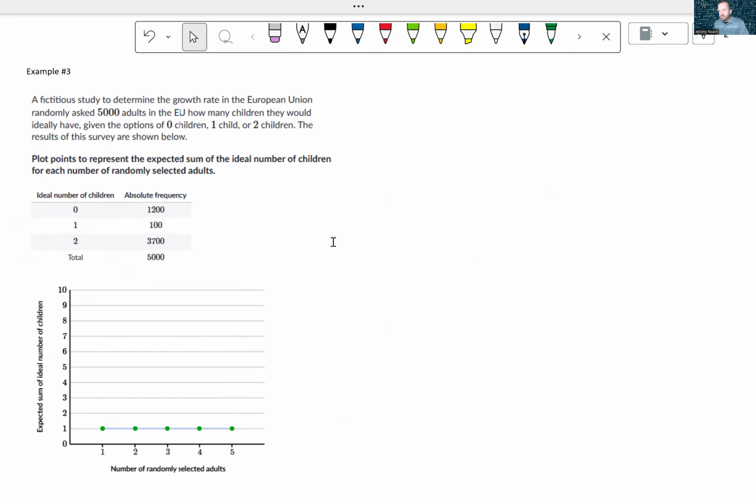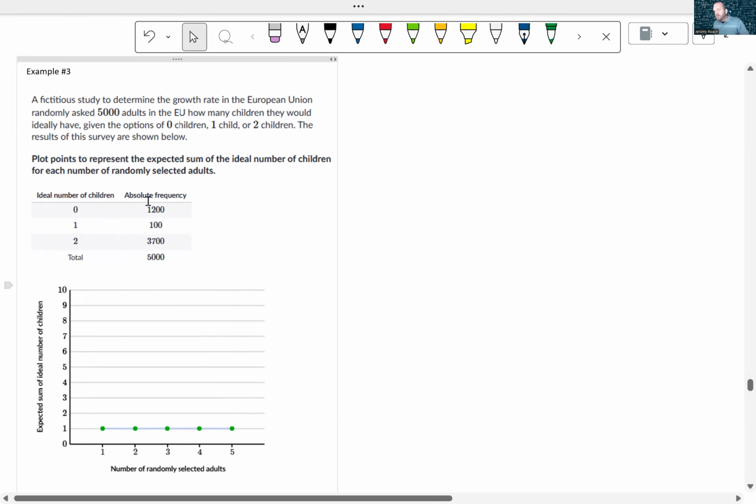And they have options of 0, 1, or 2 kids. And we have all the data and the frequency table listed here. We want to plot the points that represent the expected sum of the ideal number of children for each number of randomly selected adults.